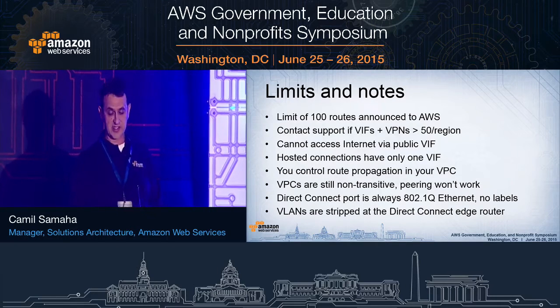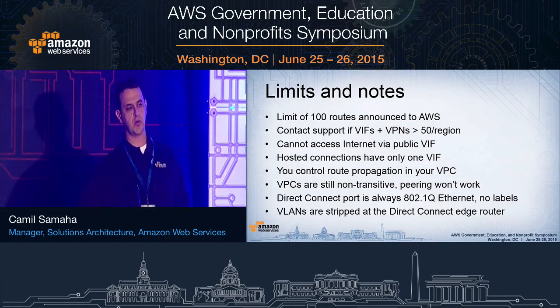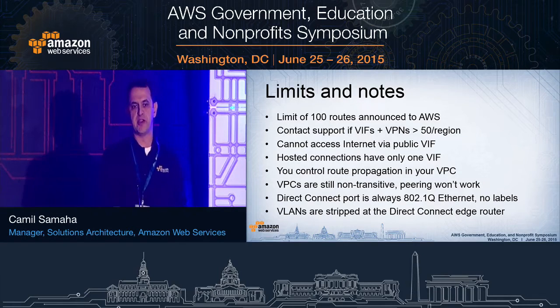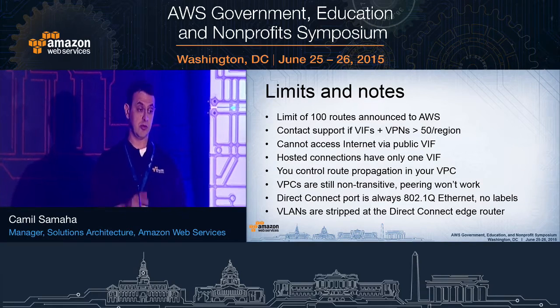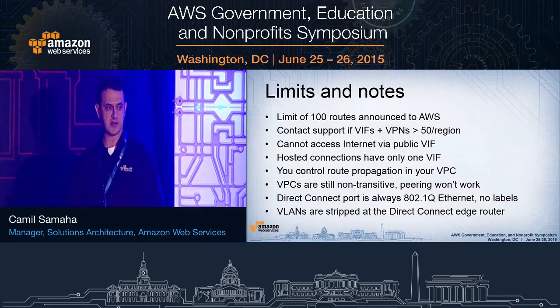All right, let's talk about some limits that you need to be aware of, so you can plan for them and they don't bite you when you're trying to deliver a service at the last minute. Whenever you have established a BGP peering between your router and AWS at a virtual interface or a VGW level, there's a limit of 100 routes that we accept from you.